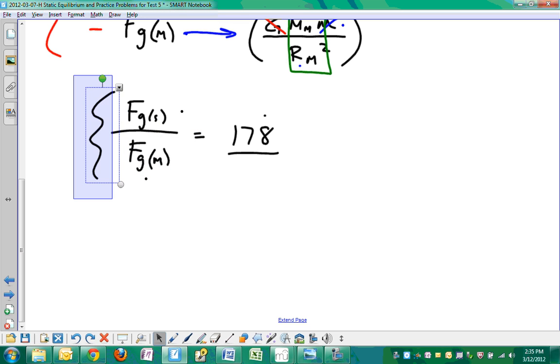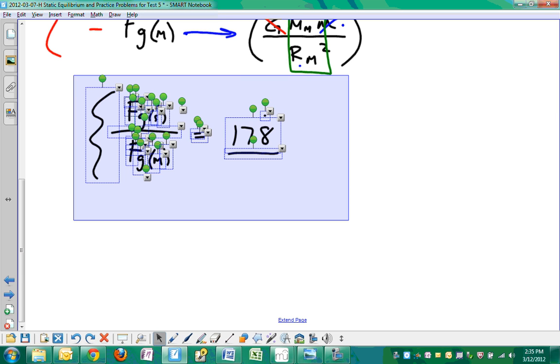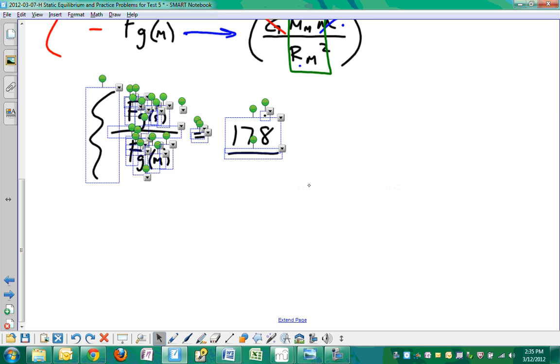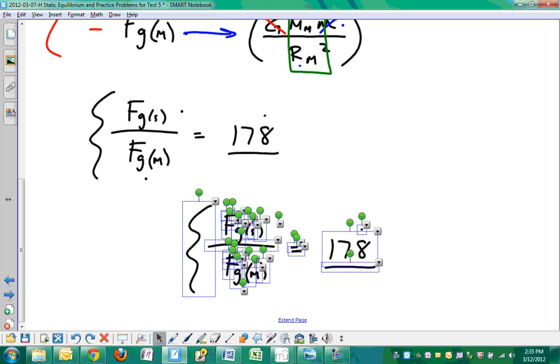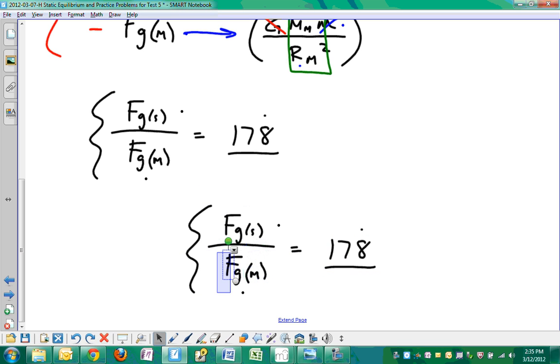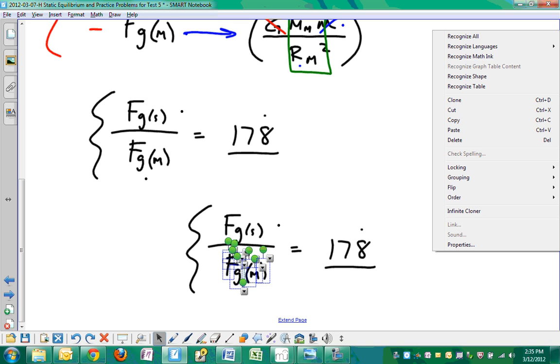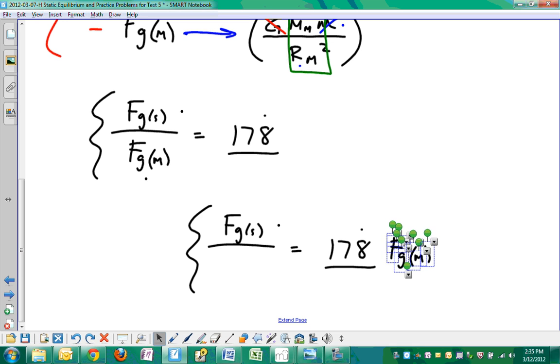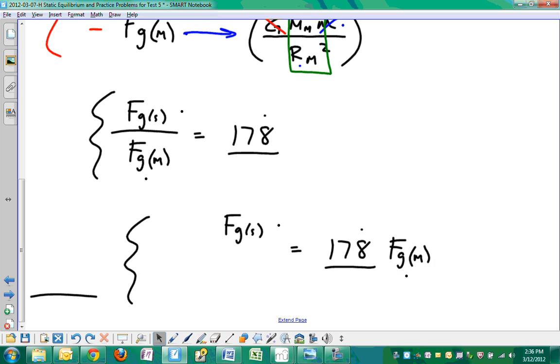So just take all this and copy it, bring it down here, and then just algebraically multiply each side by the force of gravity exerted by the moon. There we go. All right. So now we get force of gravity of the sun is equal to 178 times that exerted by the moon.